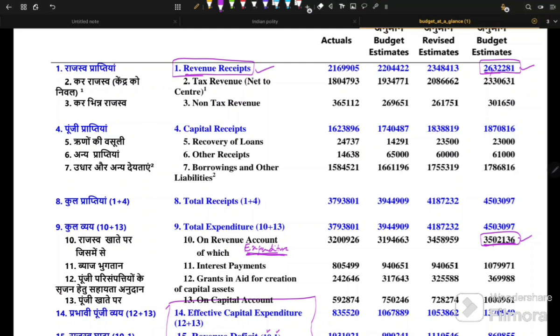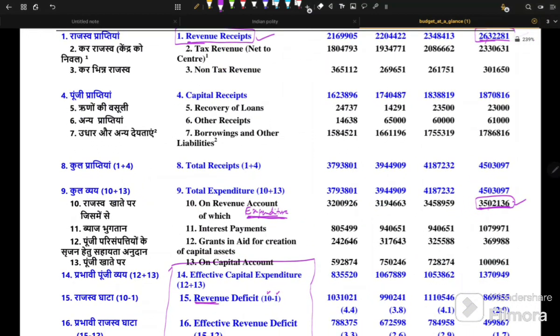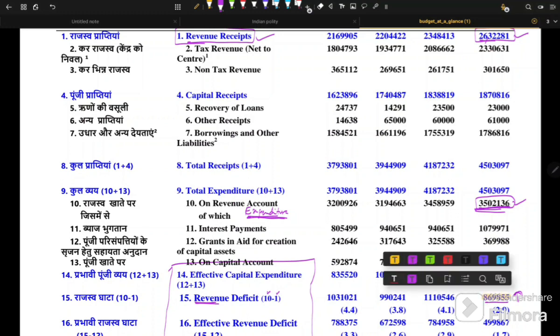Yes or no? This shortage of funds we call a revenue deficit. Deficit means shortage. Why the shortage? Because revenue receipt is less. Then what is the significance of this term? If the revenue deficit is very big, it means revenue expenditure is more. For example, if the revenue deficit is 8 lakh, why is it 8 lakh?